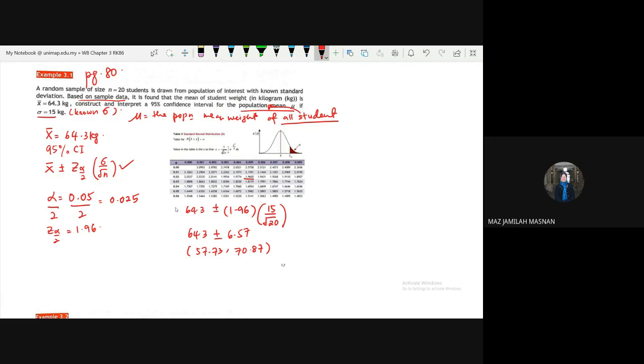Or you can write it as 57.73 is less than mu, which is less than 70.87.